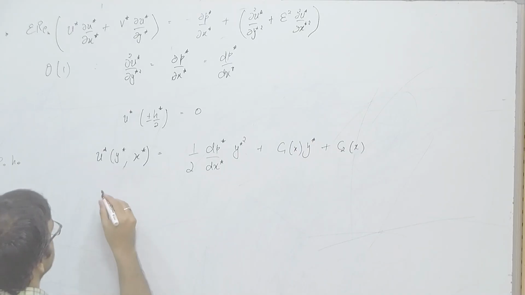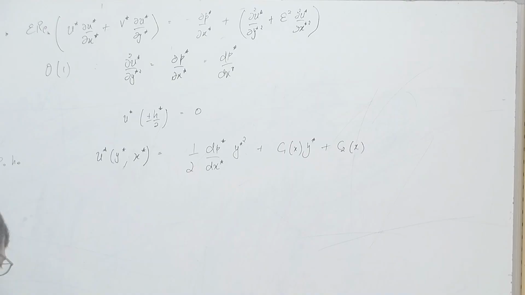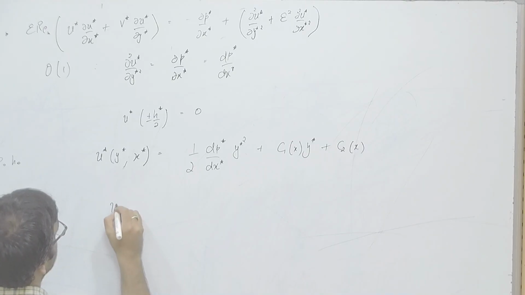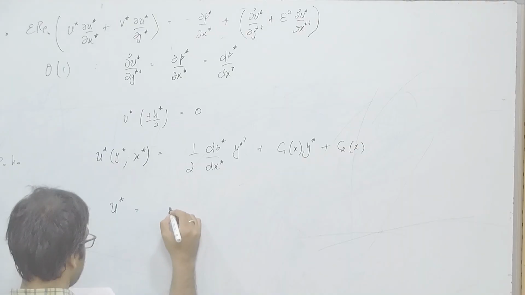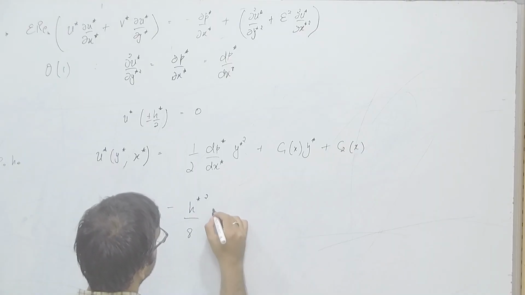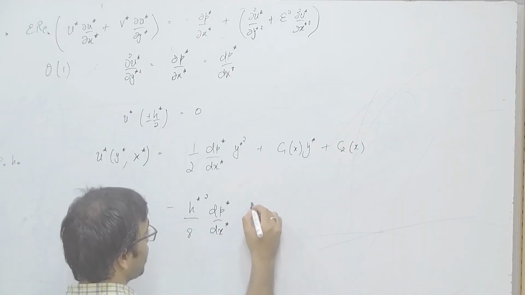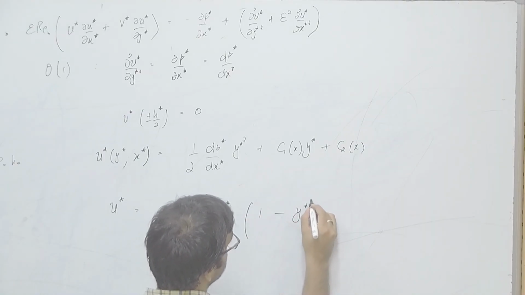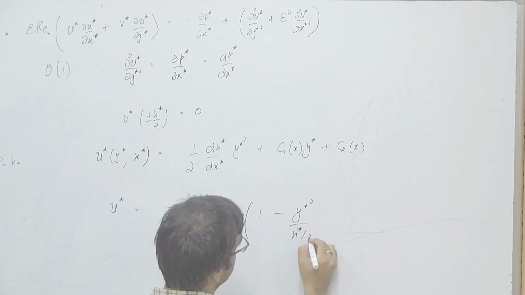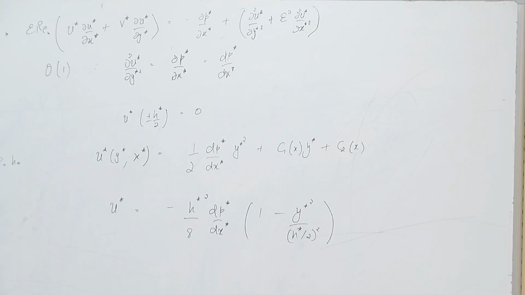And now when we substitute these boundary conditions, we will obtain that u star should be minus h star square over 8 dp star over dx star times 1 minus y star square over h star by 2 square. Okay.